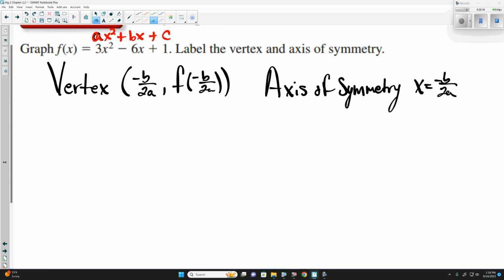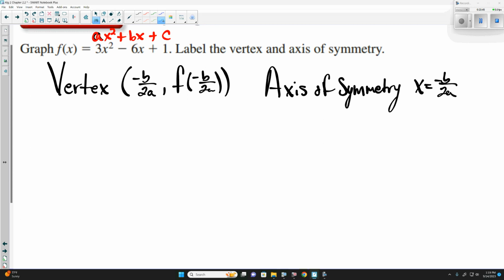So a is 3. What's the value of b? Yes, -6, because we take the negative with it. Because if we look at the general form, it's plus bx, which means b has to be negative. And what's the value of c? 1. So a is 3, b is -6, and c is 1.